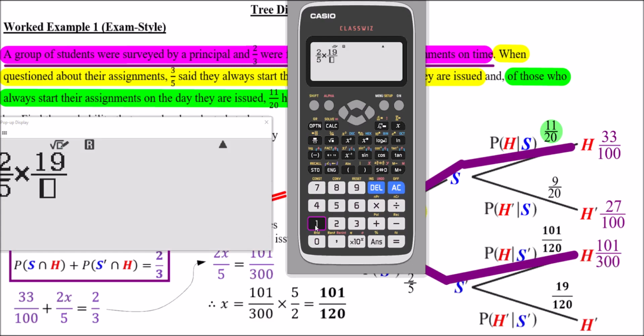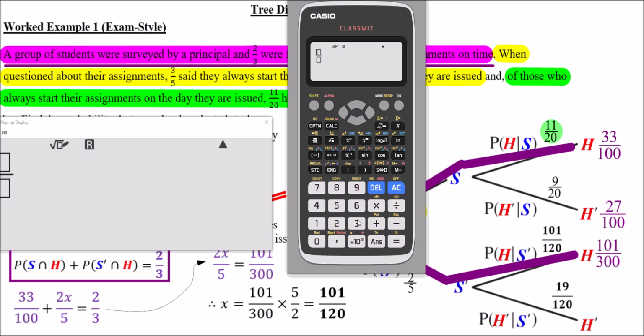That gives us a total of 19/300. Or what we could do is realise that at the end of a tree diagram, all the probabilities must sum to exactly 1. So another way we could have done it, we could have added together these values and performed 1 subtract that value. Just for consistency, I'll show you that gives you 19 over 300 as well.